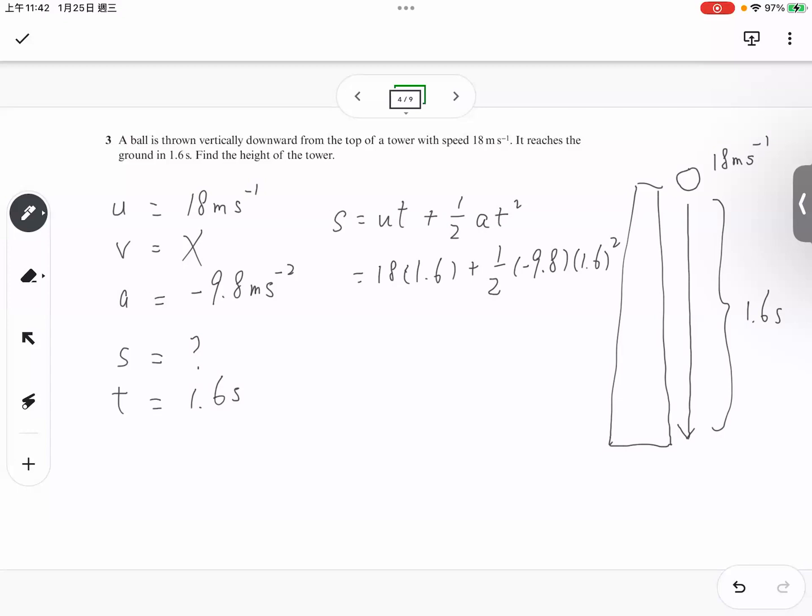First of all, for 18 times 1.6, the answer is 28.8. And then after that, we have a minus here. So we have 1.6 squared times 9.8 and divided by 2.